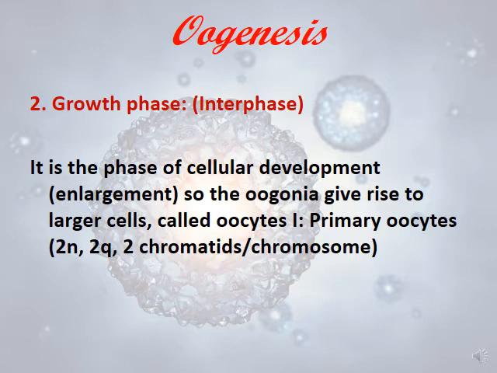They are 2N, 2Q, with 2 chromatids per chromosome. So this stage is called the growth phase, where the development and enlargement of the cell occur.